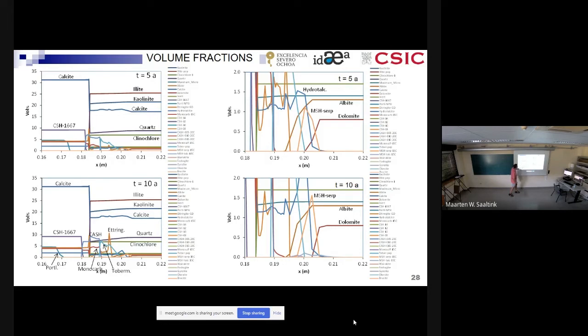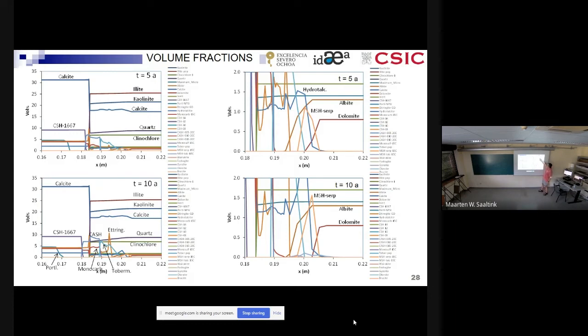So 5 years and 10 years, and this other bluish line, that's the reservoir, that's a crystalline CSH phase. And then you see, for instance, precipitation of calcite on the rock, and then some minor dissolution of quartz, and some minor phases. Importantly, if you go now to the right, we have a much smaller vertical scale, only up to 2%.